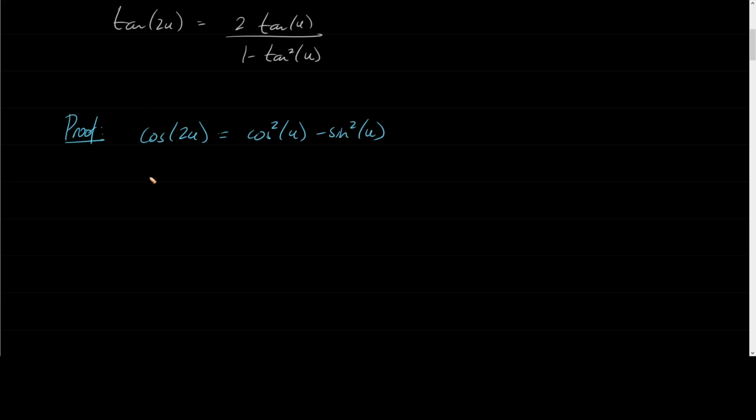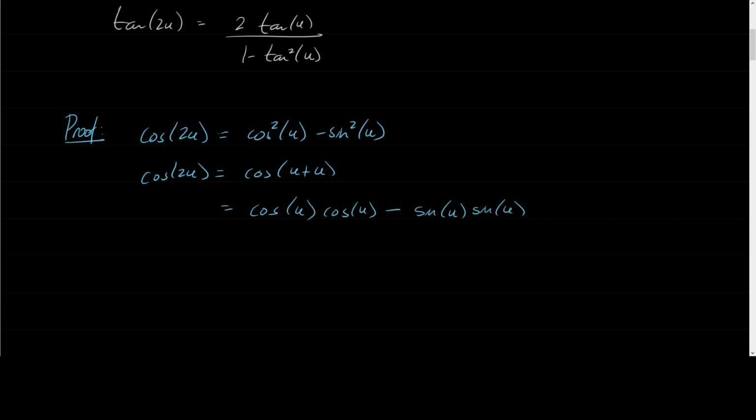First, we're going to say that cosine of 2u is equal to cosine of u plus u. And then from the last section, we know that when we have the sum of two angles like this inside of cosine, this can be written as cosine, cosine, sine, sine. So it's cosine of the first times cosine of the second minus, the plus becomes a minus, sine of the first angle times sine of the second angle.